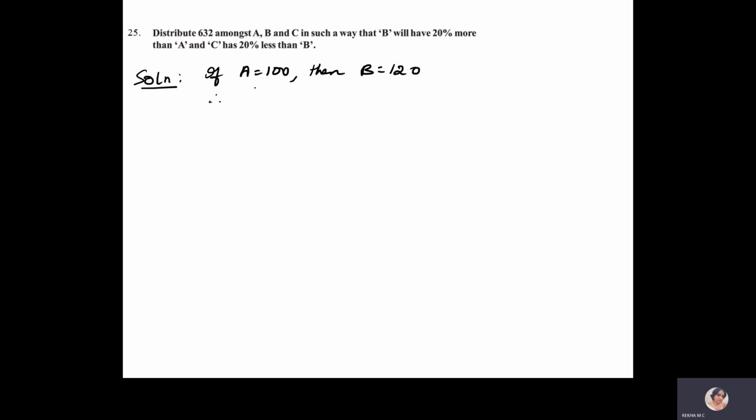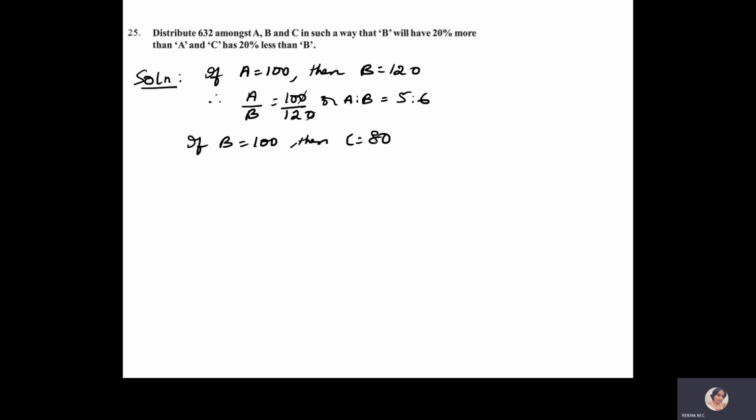Therefore, A by B is equal to 100 by 120, or A is to B is equal to 5 is to 6. If B is equal to 100, then C is equal to 80, because C has 20% less than B.